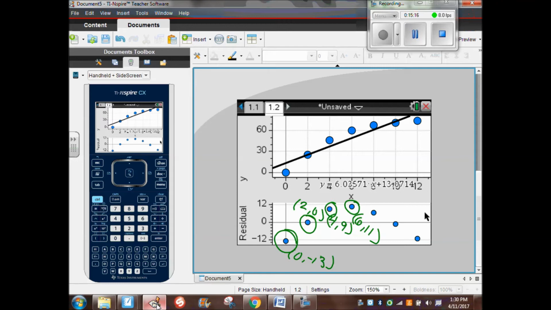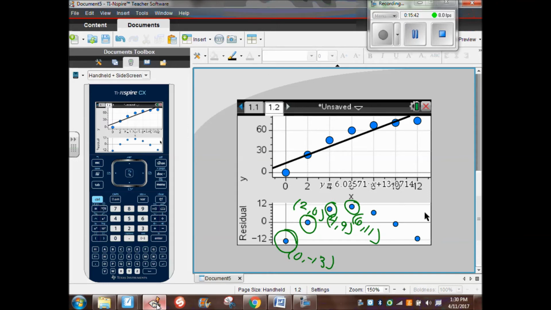So they told us to pick linear. We looked at it and said, it really doesn't look linear, it kind of looks quadratic. This is the proof. When you look at your residual plot, don't fall into the trap and say, oh, the residual plot looks quadratic.